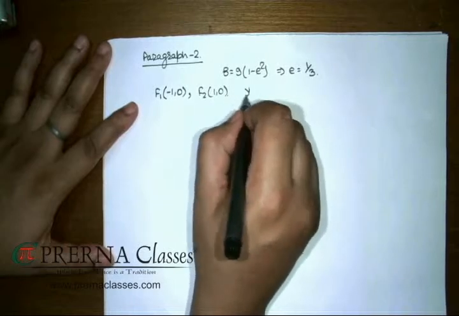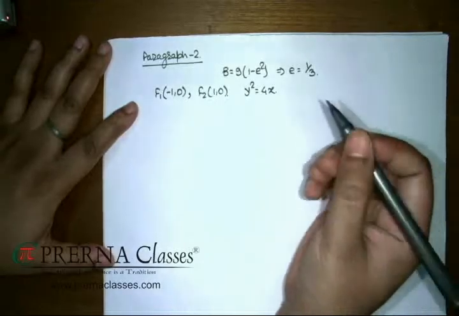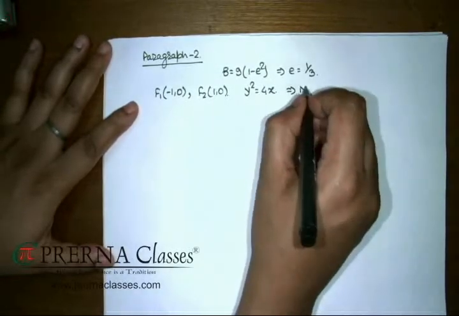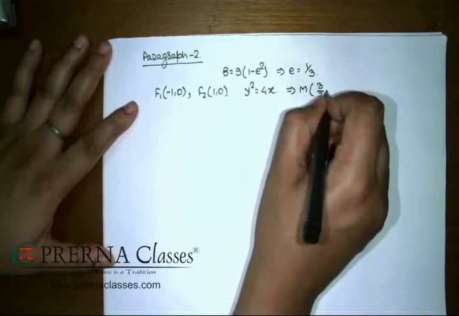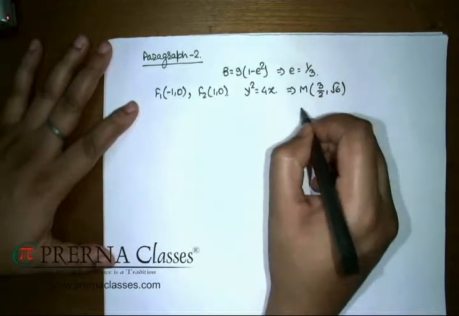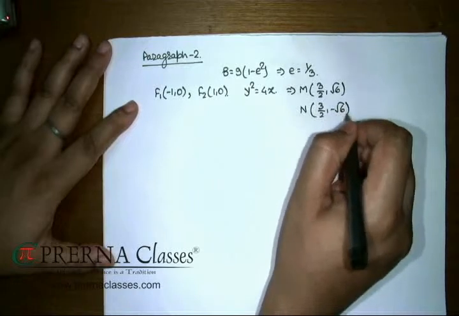Treating this as a focus and vertex at origin, the parabola is then going to be y square equal to 4x. Solving this with that ellipse would give you coordinates of M and N. You can check M is this and N is symmetrically placed below x-axis.